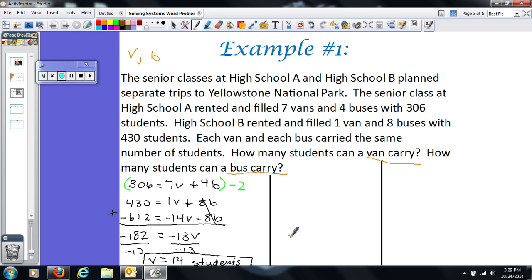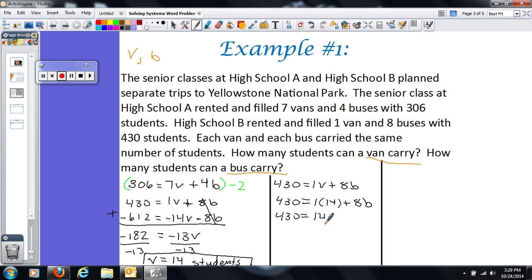Okay? So now, just like we did with elimination before, we're going to take v equals 14 and plug it in. So I'm going to use the second equation, which is 430 equals 1v plus 8b. And I'm going to plug 14 in for v. And now I'm going to solve for b.